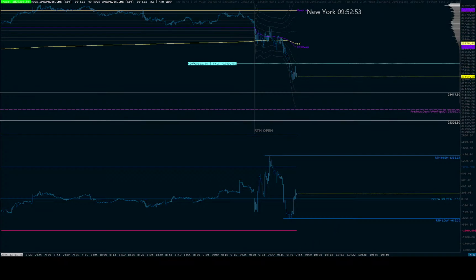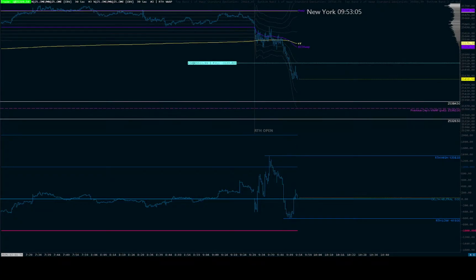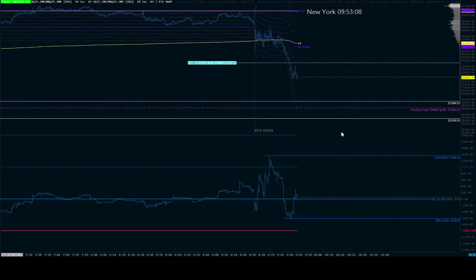I want to just check and see this real quick. Okay, so that's the low right there. I didn't think I had it marked right. That's the low from yesterday. So let's see where we are in relation to that.